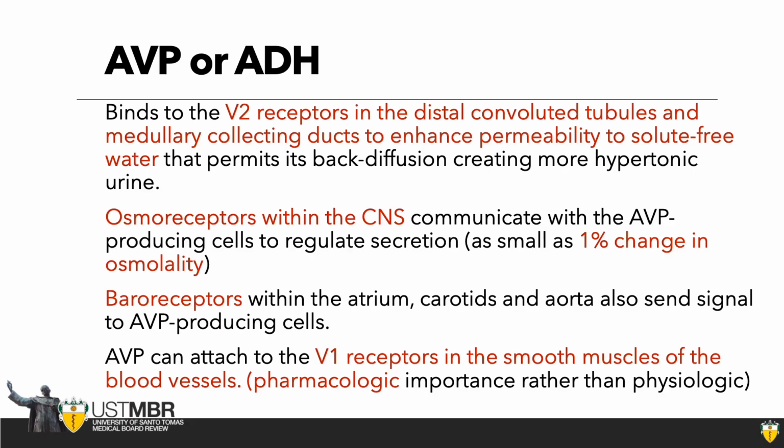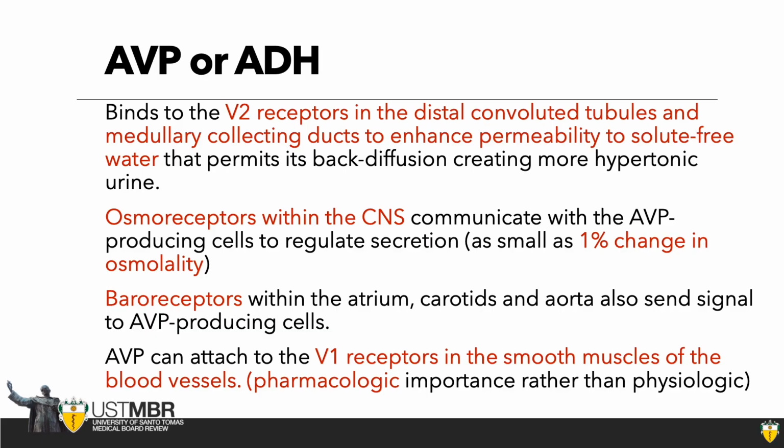AVP or ADH work primarily on the V2 receptors of the distal convoluted tubule to decide whether water will be reabsorbed or not. And it is largely regulated in the central nervous system by osmolar receptors. So a 1% change in osmolality can either increase or decrease your antidiuretic hormone. If you have increased osmolality, you will trigger the antidiuretic hormone to dilute it. And the opposite is true.